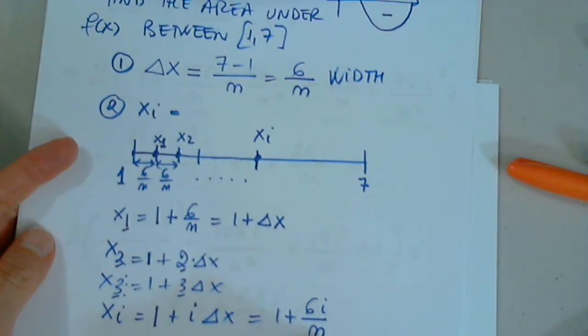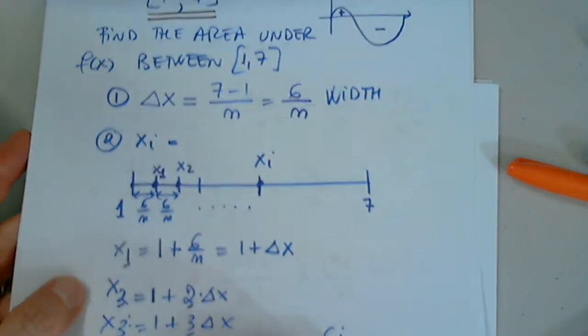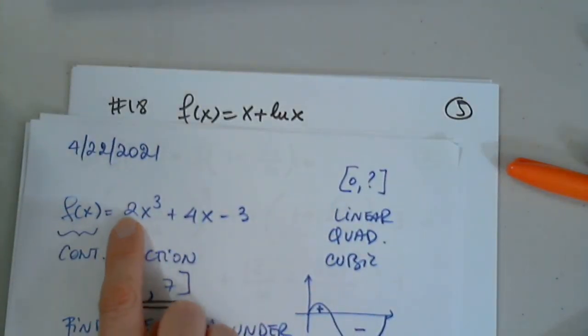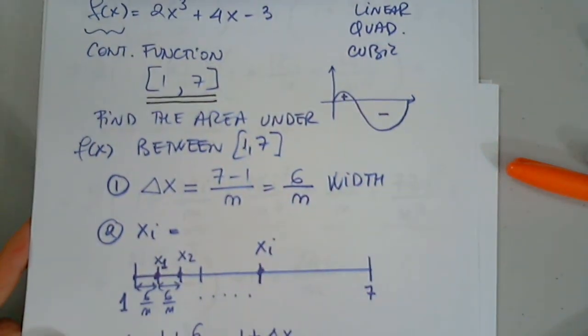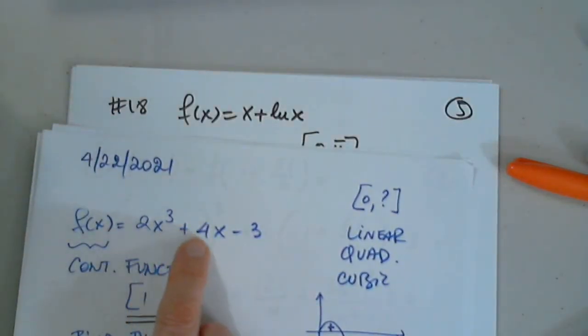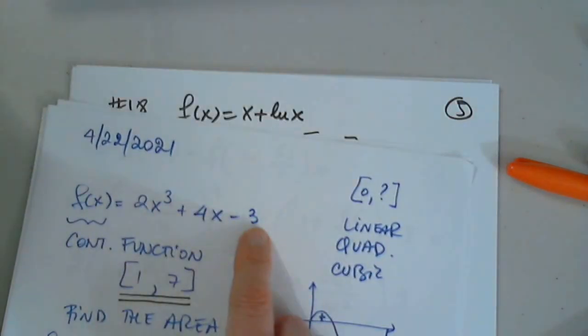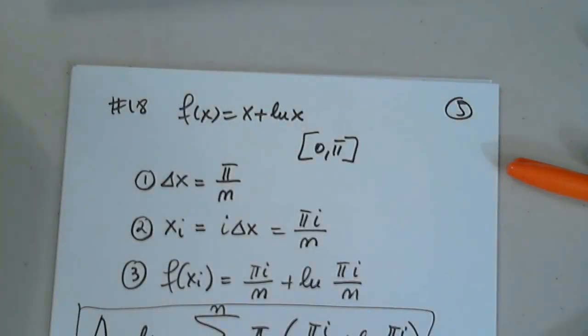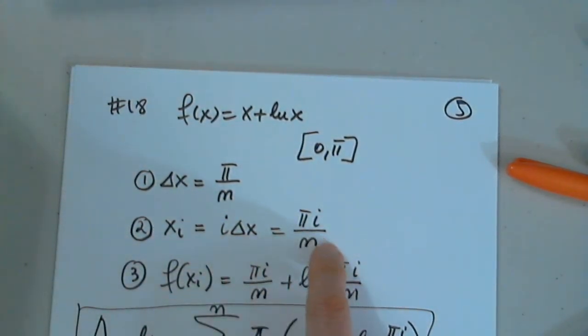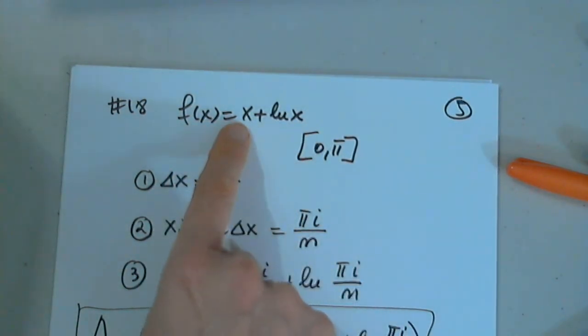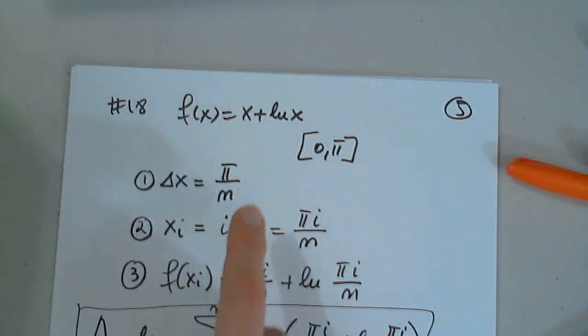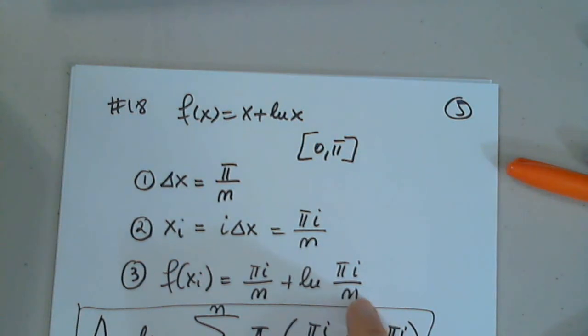After we determined xi, we simply plugged it in: 2 in parentheses 1 plus 6i over n cubed plus 4 in parentheses 1 plus 6i over n minus 3. So once I determined xi, to find f of xi, I plug it into the function. So x is 1 plus 6i over n, and x is 1 plus 6i over n.